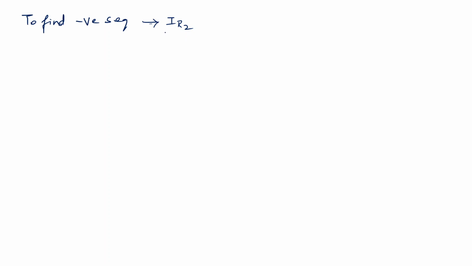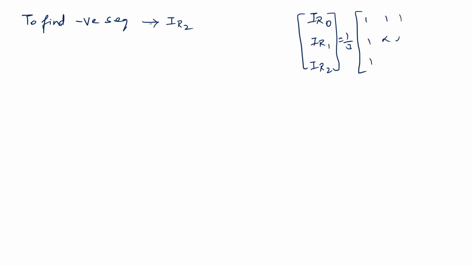Correct or not? So again formula from the matrix, that is nothing but IR0, IR1, IR2 is equal to 1/3 of, so please memorize this, the matrix 1 1 1, 1 alpha square alpha, 1 alpha alpha square, into IR, IY, IB.